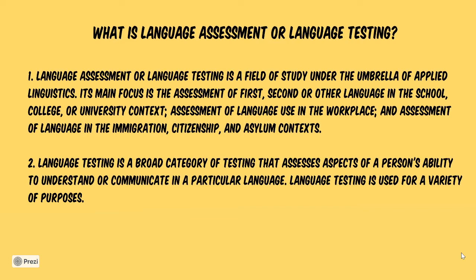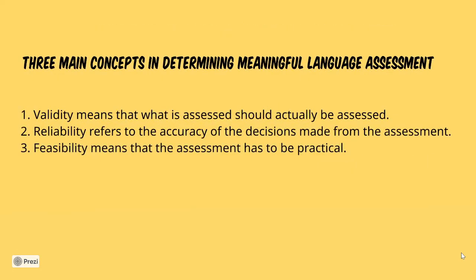In academic settings, language testing can assess a student's current abilities or progress for the purposes of academic placement. In professional settings, language testing can determine whether a candidate has the language skills needed for a job. Whatever the context, language assessments can effectively measure a person's language abilities.